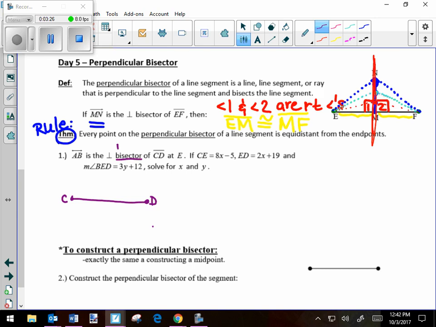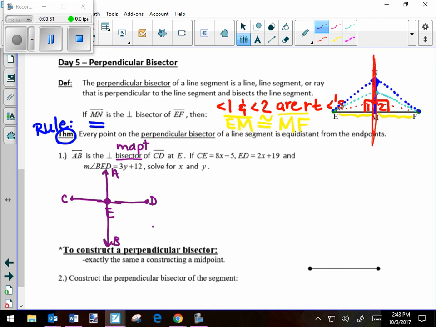So the bisector of it means that we have a midpoint. So here is my midpoint. And in this particular case, I should label that E. I just realized they told us that that point was E. And I have a line that goes from A to B, passing through point E.